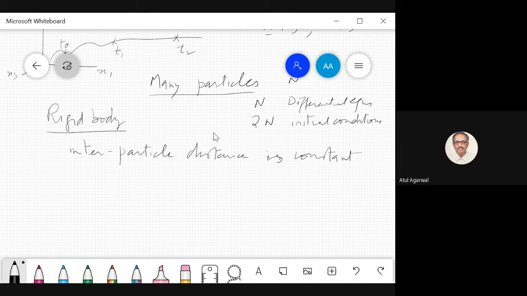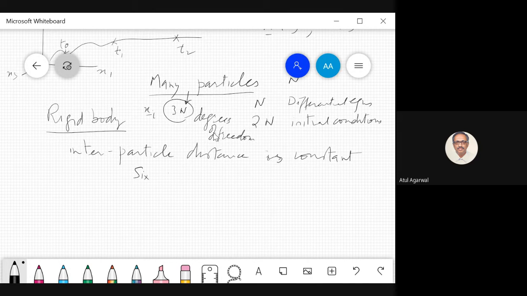So what happens? The degrees of freedom, which were 3n, like the positions of the particles, with as many position vectors as particles, now get reduced to 6.